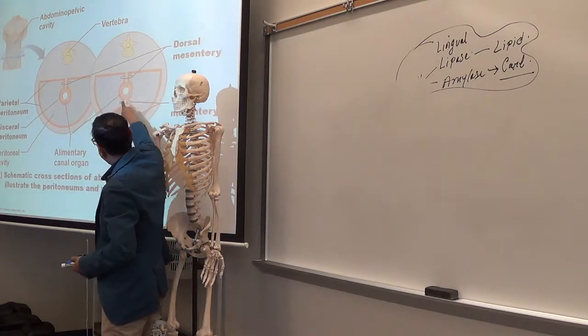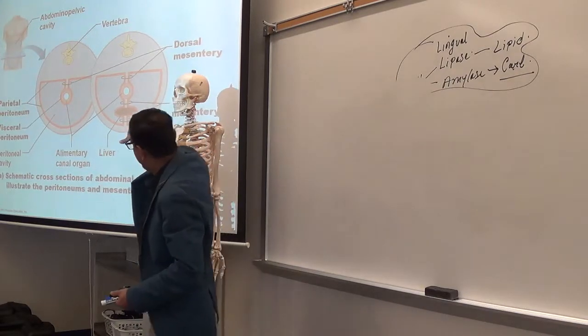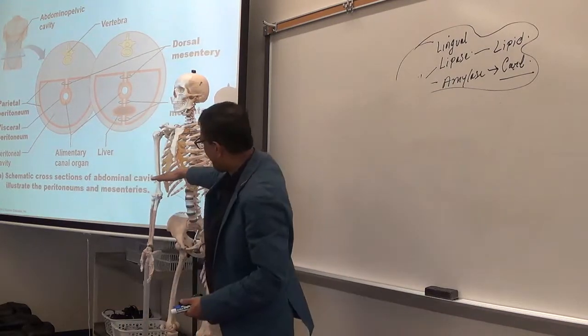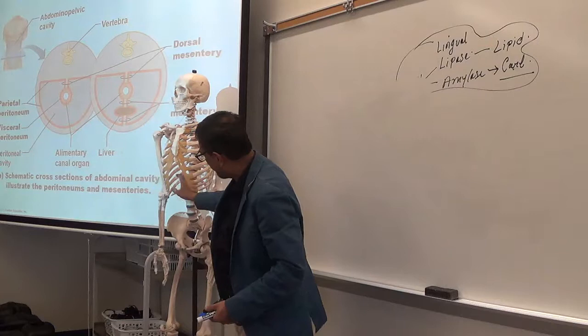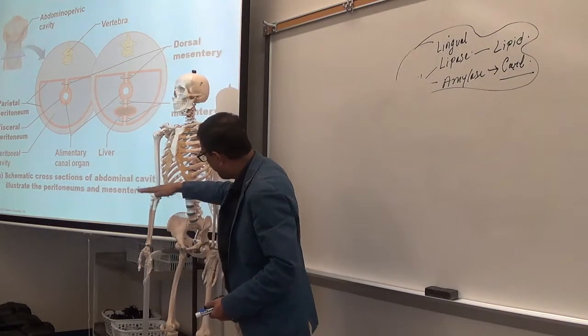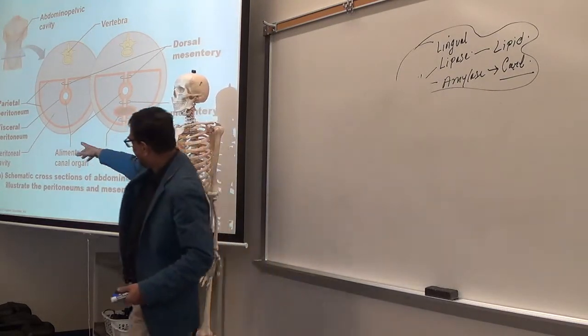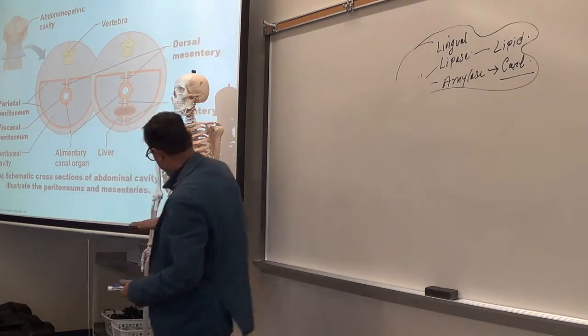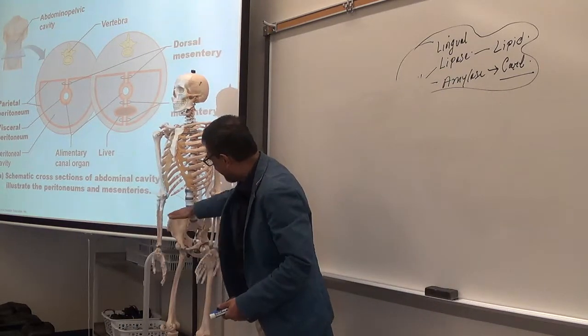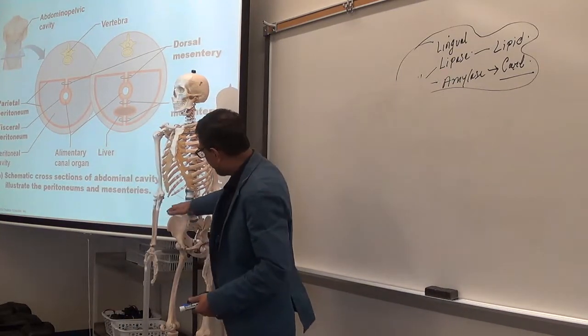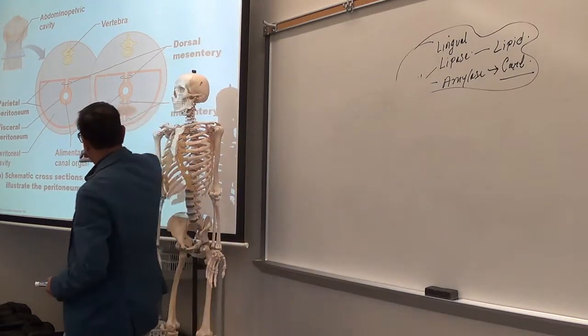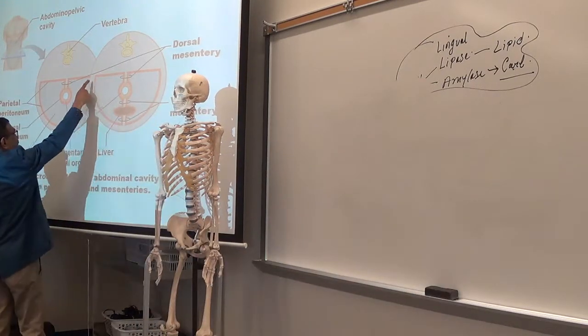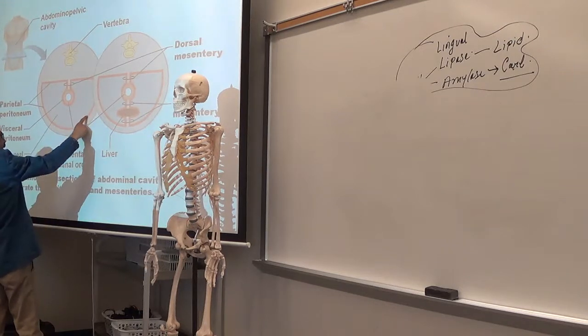Here you have stomach and liver. So this cross section is the upper level where you have the liver and the stomach. And this one is here. Here you have intestine. So you don't see the liver and the stomach here. Anyway, so two sections. Now you see here, this is the abdominal wall.